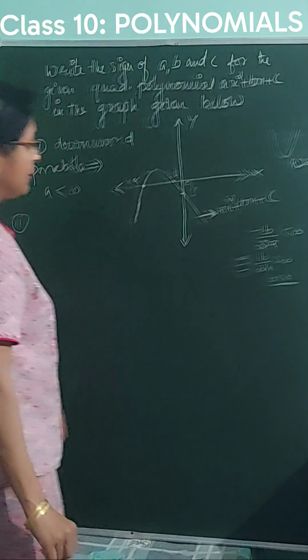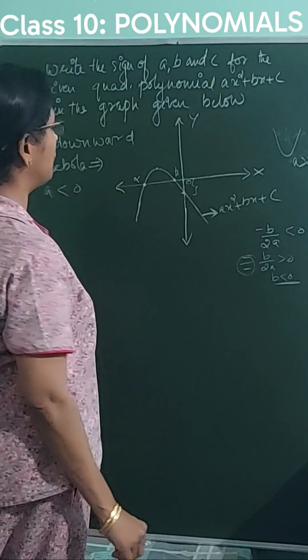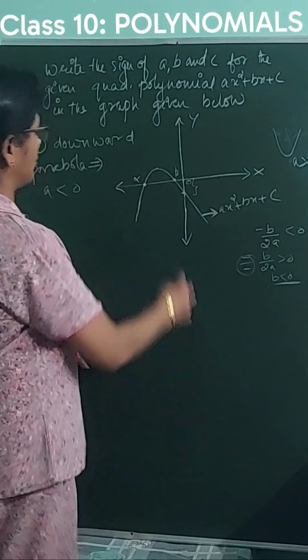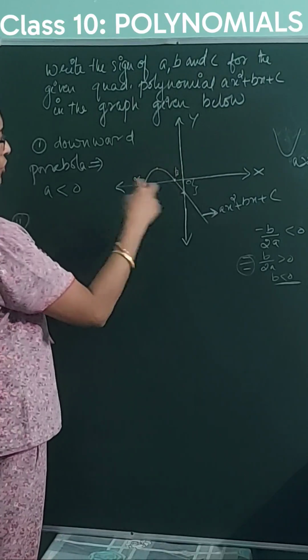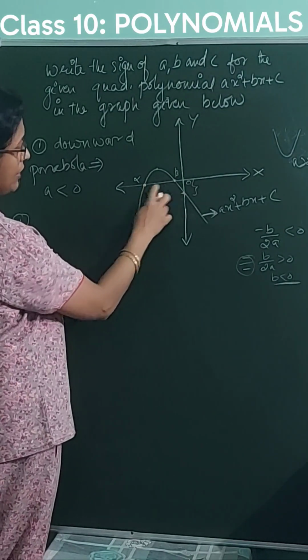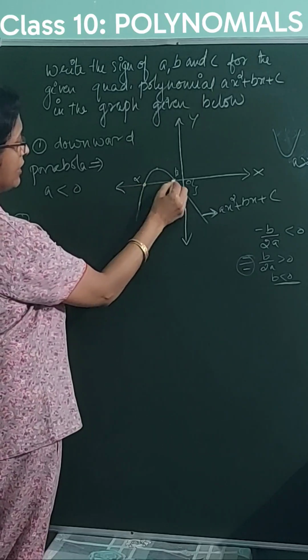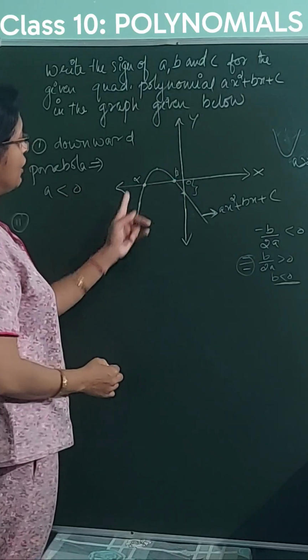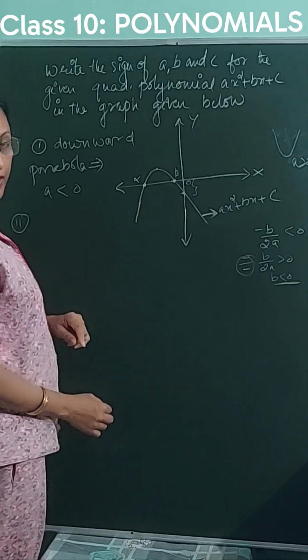This is one method. Another method, using the sum of roots, we can find the sign of b also. See, the roots of the quadratic polynomial are the x-coordinates of the points where the graph intersects the x-axis. The graph is intersecting the x-axis in the negative region, which means both alpha and beta are negative.